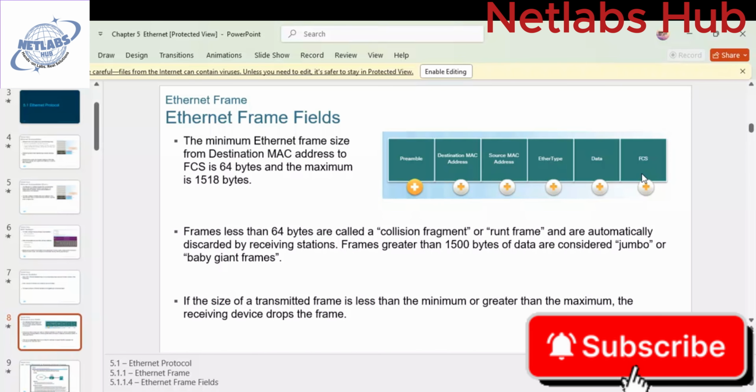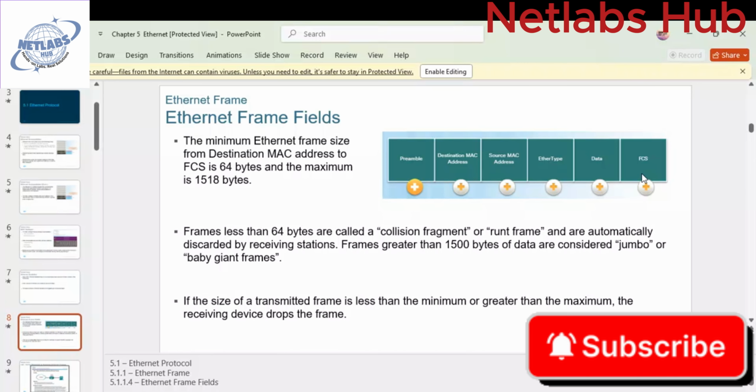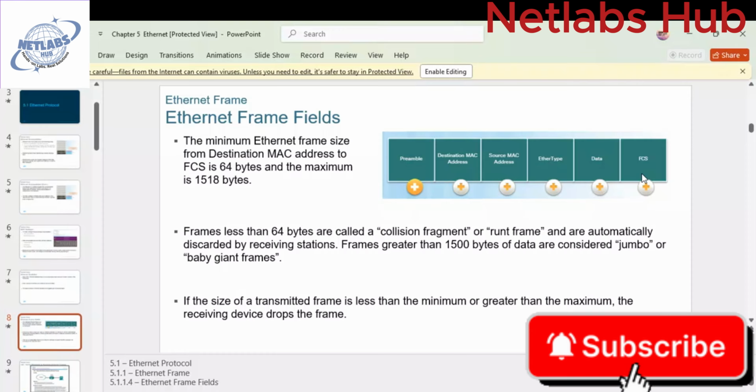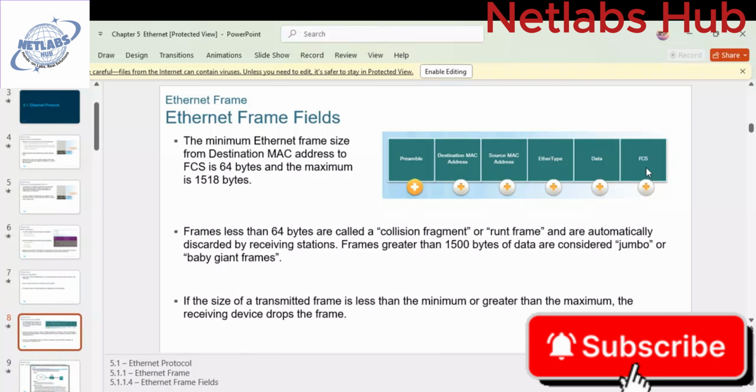It checks the frame for errors. The error might be that the frame to be transported or delivered has not met the minimum requirement, or has passed the maximum requirement. That's an error meant to be handled by this structure, the FCS, frame check sequence.